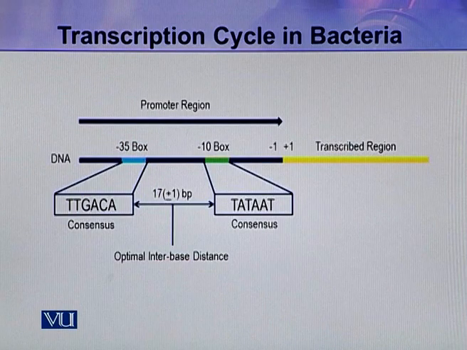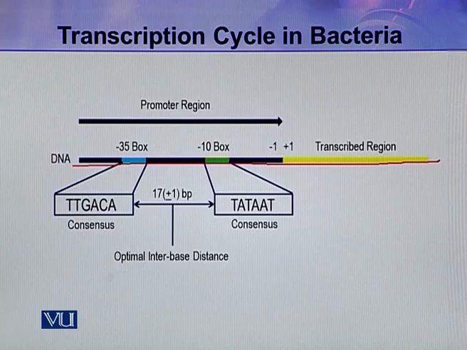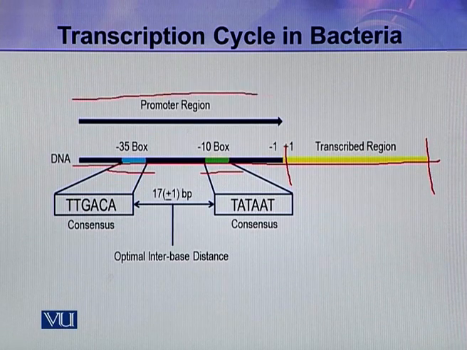This is the DNA molecule. This is the region which is actually to be transcribed, and behind this region there is the minus 10 region or minus 10 element or minus 10 box. Similarly, this is the minus 35 element or minus 35 box, and this whole is called the promoter region.